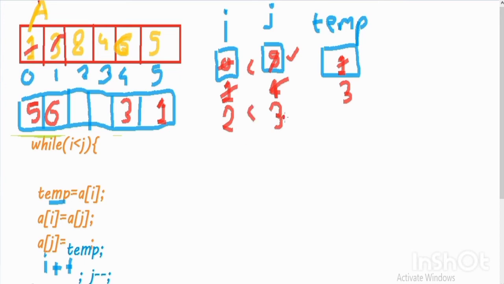The value present at a of i, a of i means a of 2. At second index 8 is present, so assign 8 to the temp. Now j value is 3. At third index 4 is present, so assign 4 value to a of i. a of i is 2, so at second index assign 4.